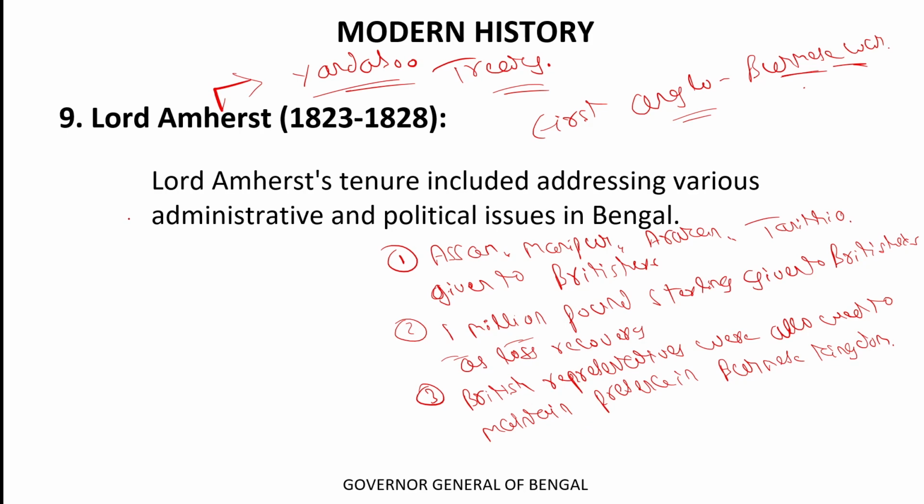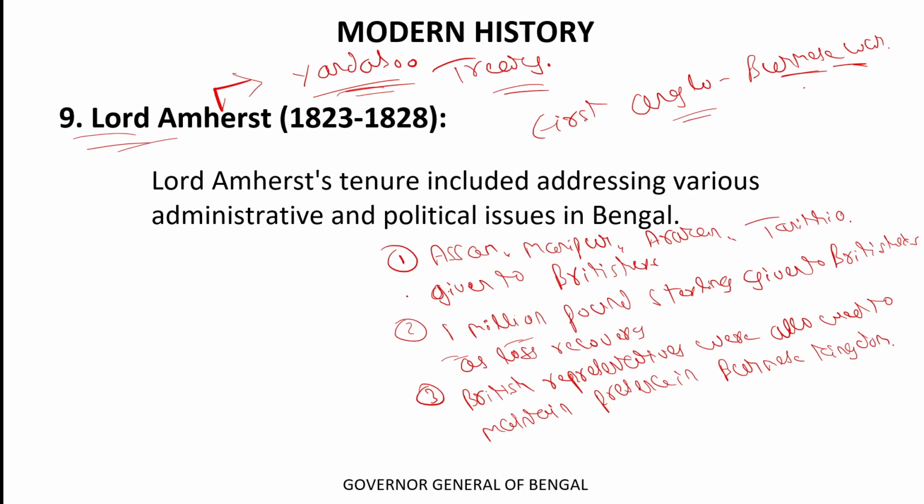Okay. So basically the Burmese Kingdom and the Britishers had signed a deal that the British diplomats and British representatives will be there in the Burmese Kingdom. Okay. So this whole process took place during Lord Amherst's time. So just write down the facts that during Lord Amherst, the First Anglo-Burmese War occurred, ended with the Treaty of Yandabo.